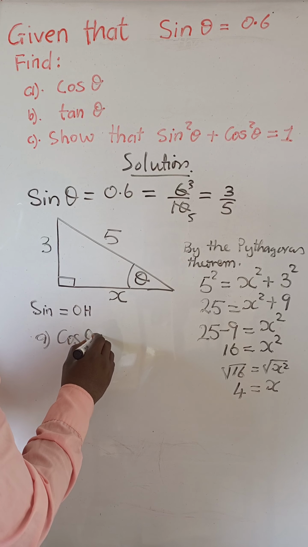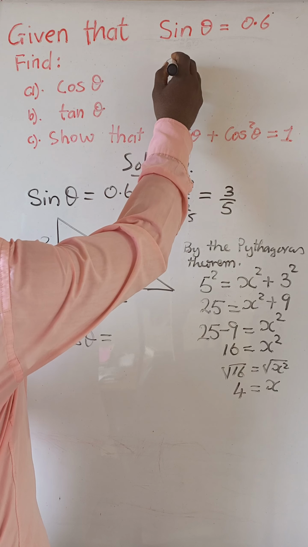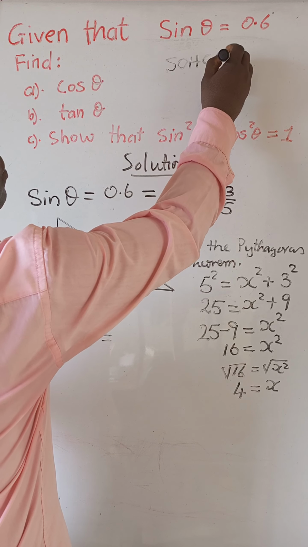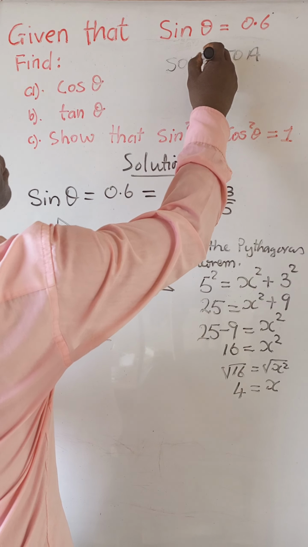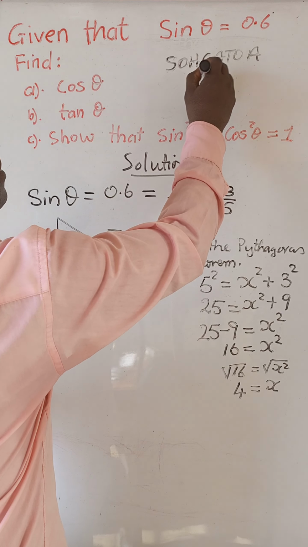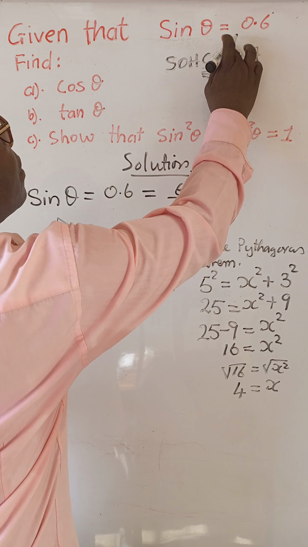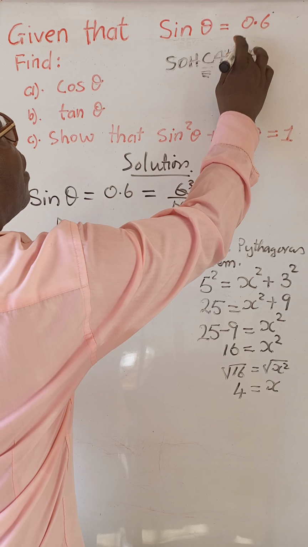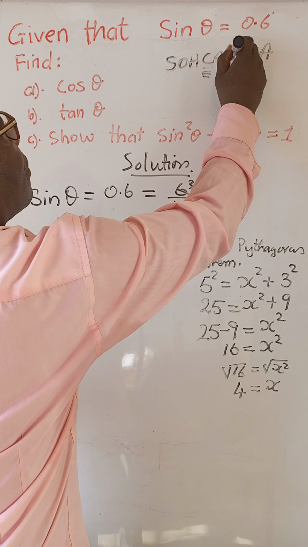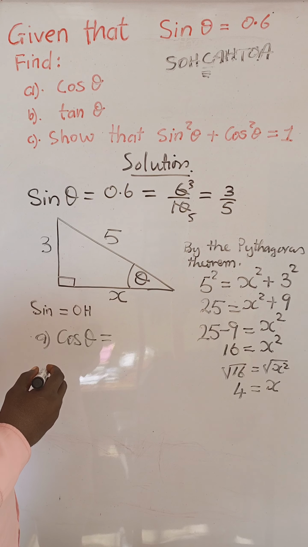And so we say cos theta. Cosine is, we know from TOA, okay, cosine is adjacent all over hypotenuse.